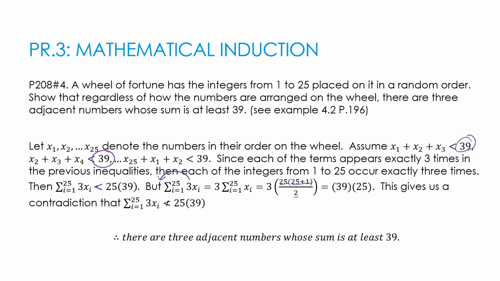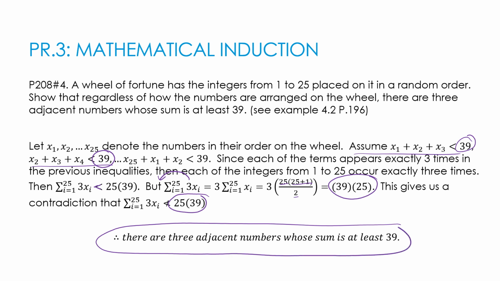Well, that's 25 times 26 divided by 2 times 3, which is essentially 39 times 25, but that means we have a contradiction. So because we have a contradiction, then our initial statement that all of these sums are less than 39 must have been false. Therefore, there must be at least one occurrence where for 3 adjacent numbers, the sum is at least 39.